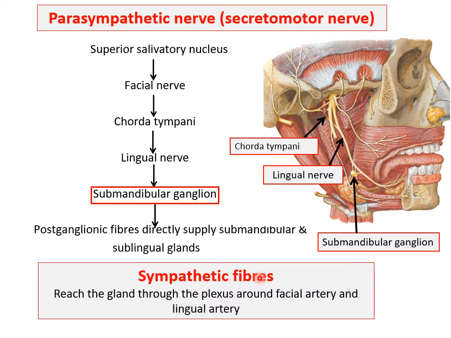From there, the postganglionic sympathetic fibers reach the submandibular and sublingual gland by passing along with the facial artery and lingual artery.